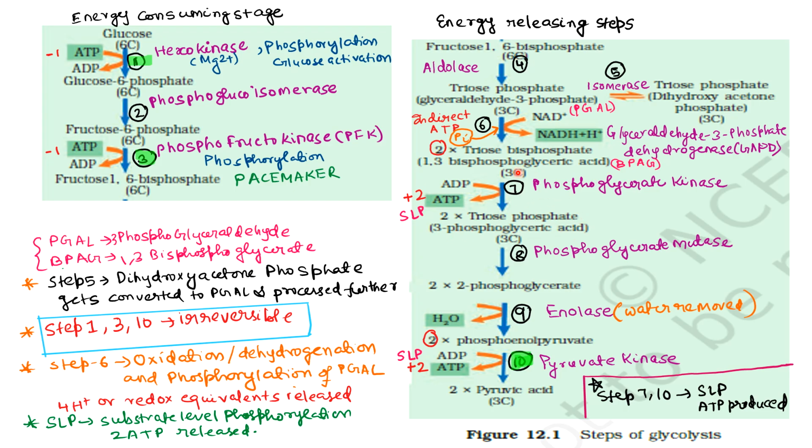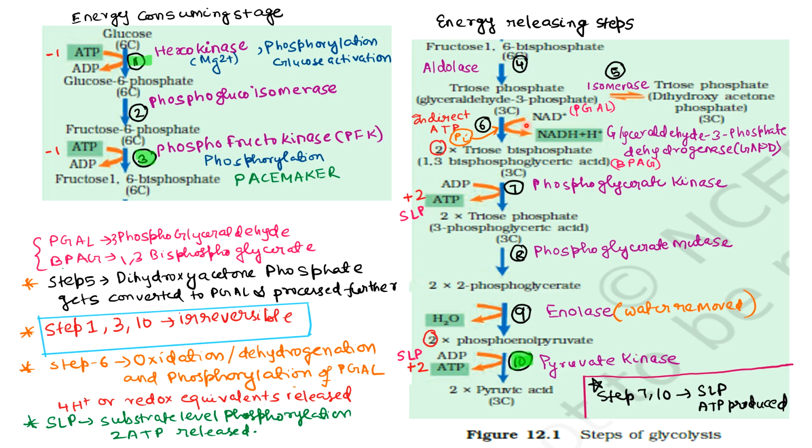So what is happening? One phosphate group is lost. And who takes up that phosphate group? ADP is taking up that phosphate group and ATP is formed here. Okay. So this is the first reaction in which substrate level phosphorylation is taking place.